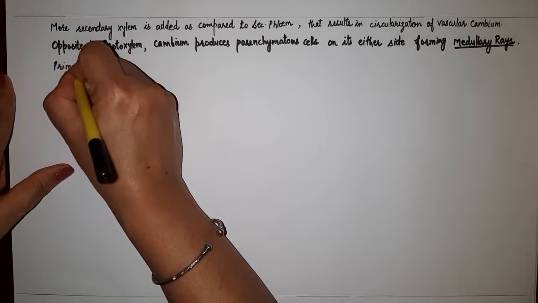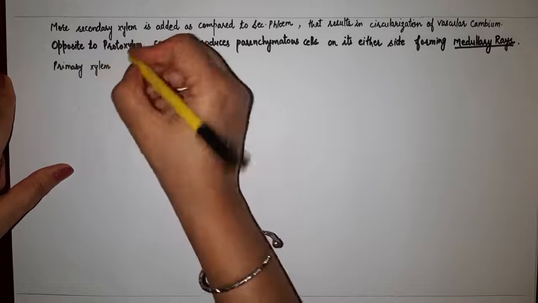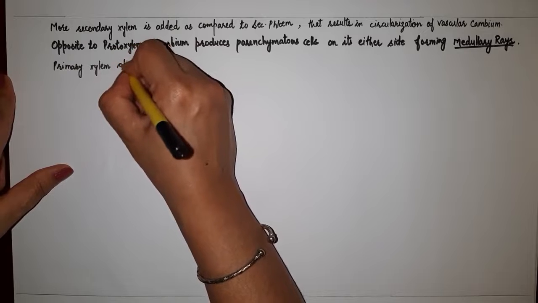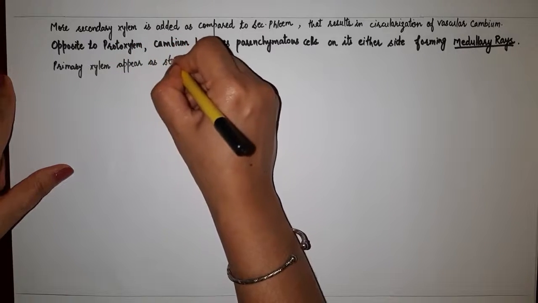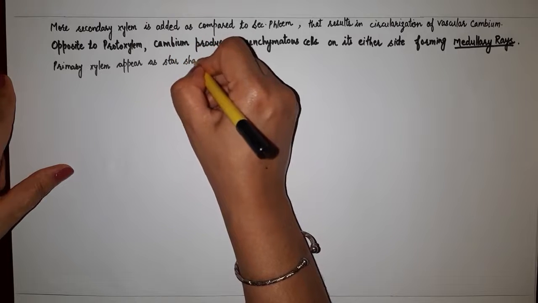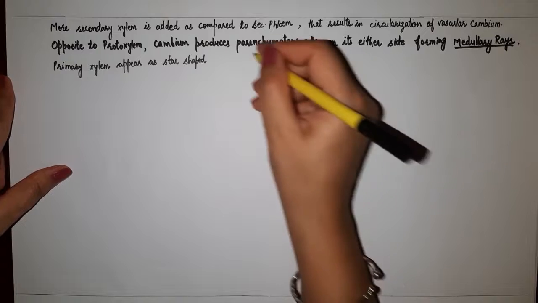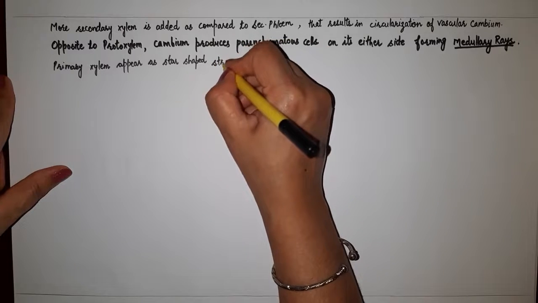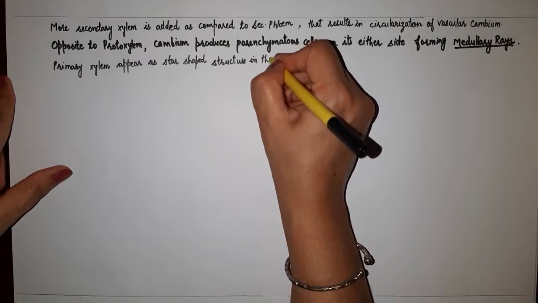Primary xylem appears as a star-shaped structure in the center.